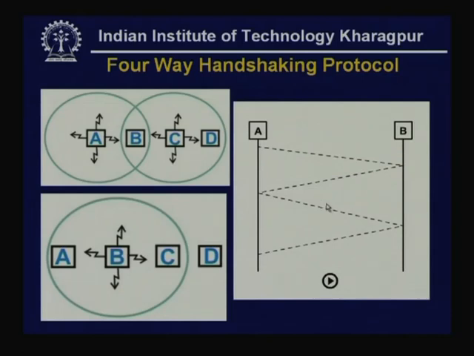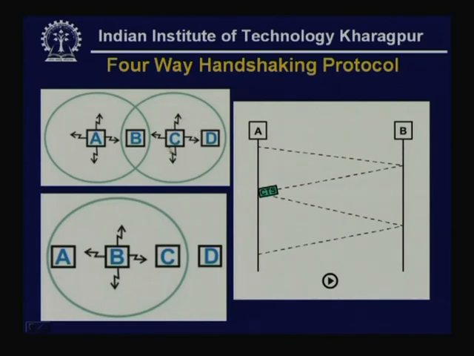Here A sends a request to send frame, which is 20 bytes, and when it reaches B, B sends a 14 byte clear to send frame. After hearing this clear to send, as you can see here, A is sending request to send, B will send the clear to send, and that signal will be heard by C as well as by A. As a result, C will defer transmission.